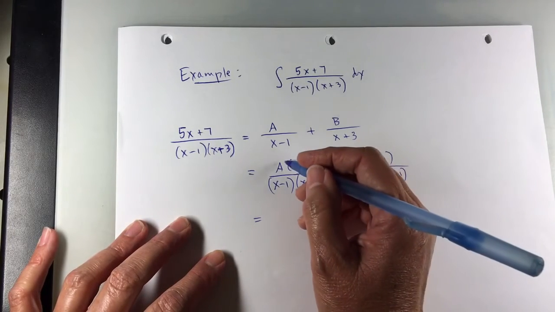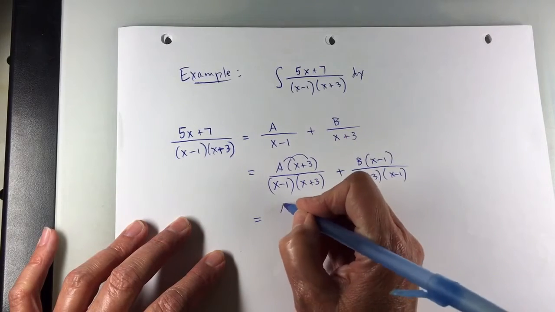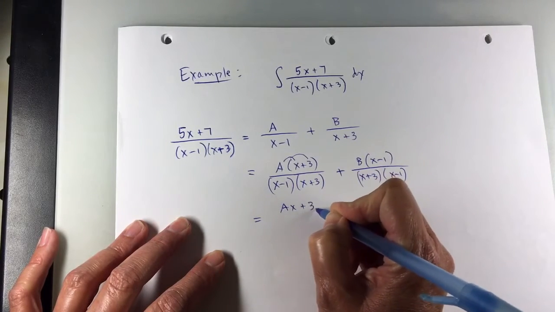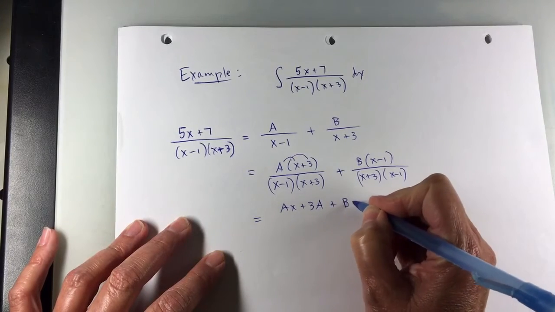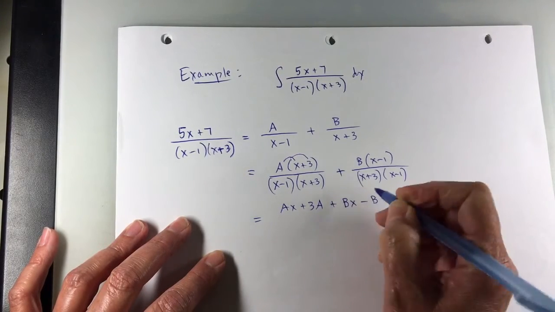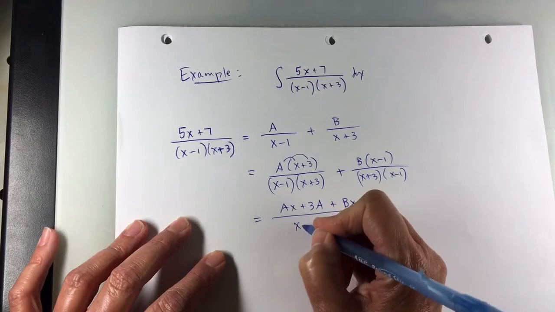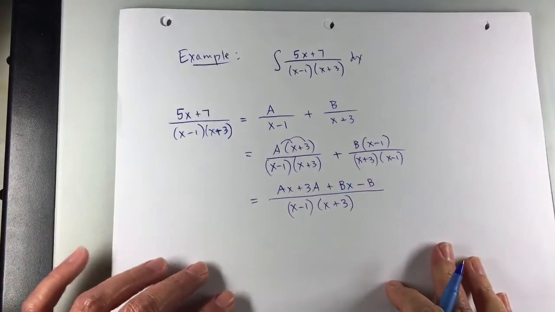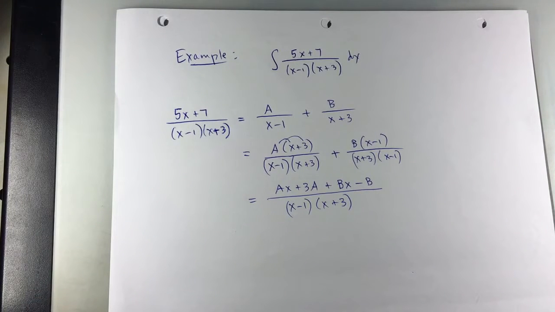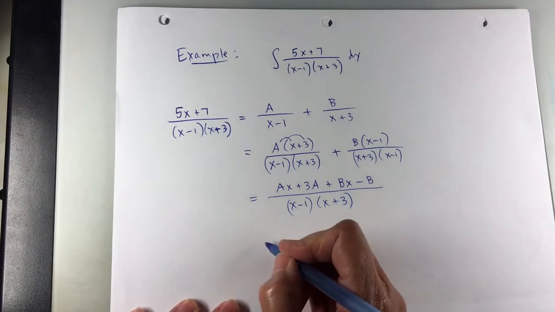I'm going to distribute the a and get ax plus 3a, and distribute the b, plus bx minus b, over x minus 1 times x plus 3. In that numerator, I will group the like terms.